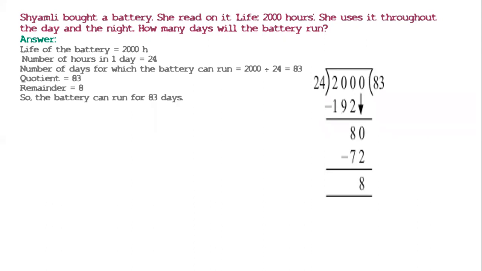Sir, the remainder is 8. Again remainder 8. Quotient? Sir, quotient is 83.